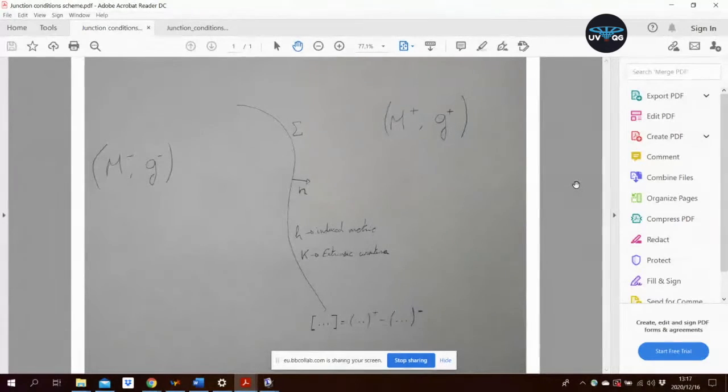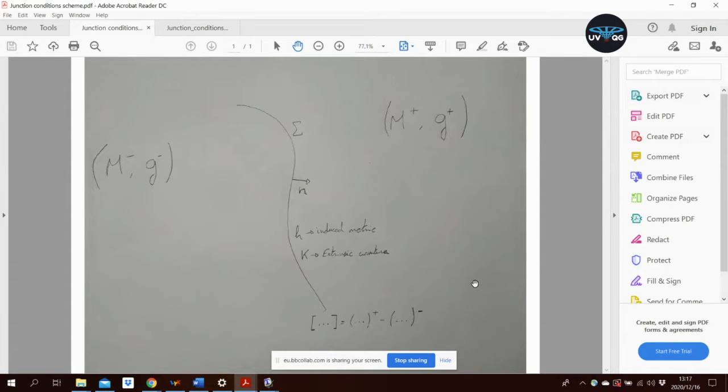That is basically when you have two spacetimes that share a common codimension 1 hypersurface, and you want to know the conditions at the hypersurface in order to have a nice matching.